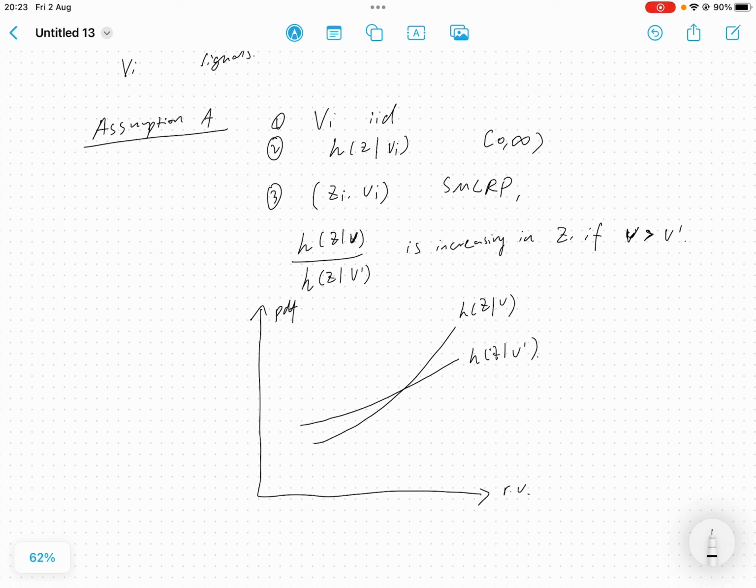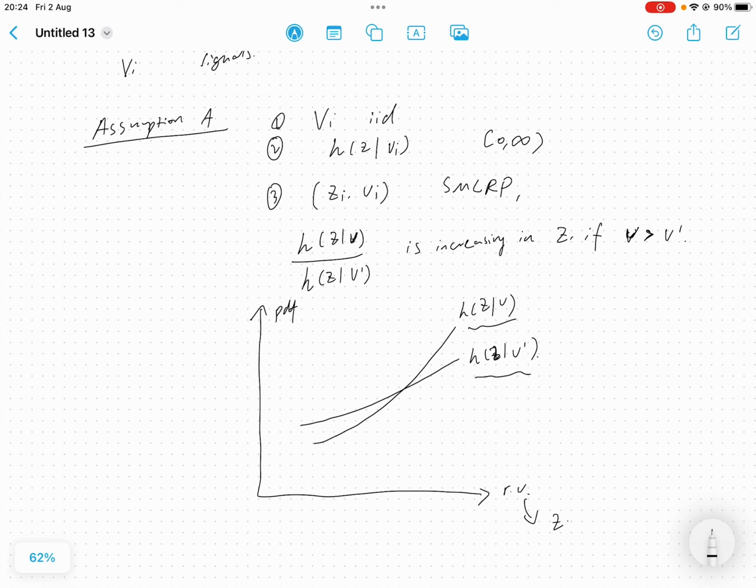They define it to satisfy this property. And this property doesn't have to be about conditional distributions; it could be unconditional. They just use it to define two different distributions with different V's.